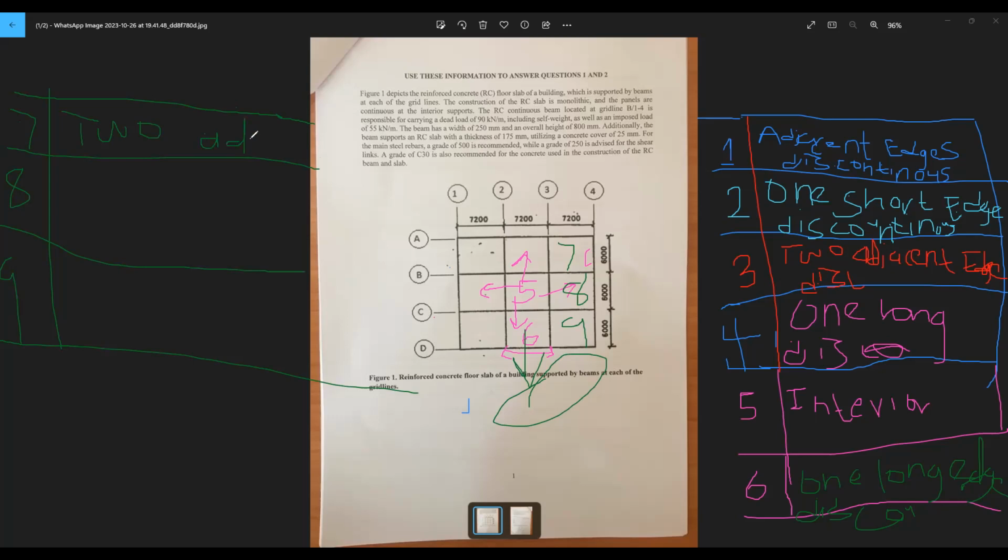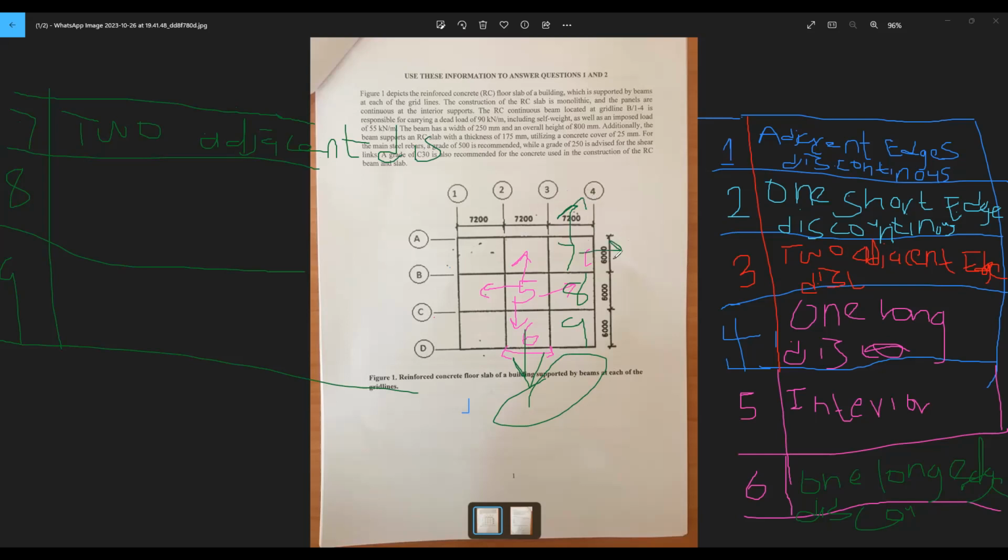This is because when you get out from this side, you are getting out of the whole slab system.